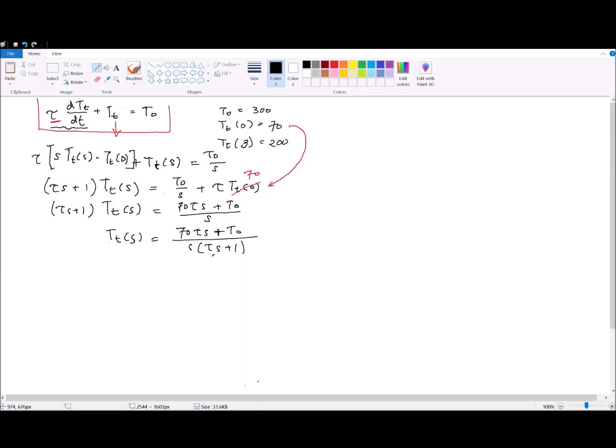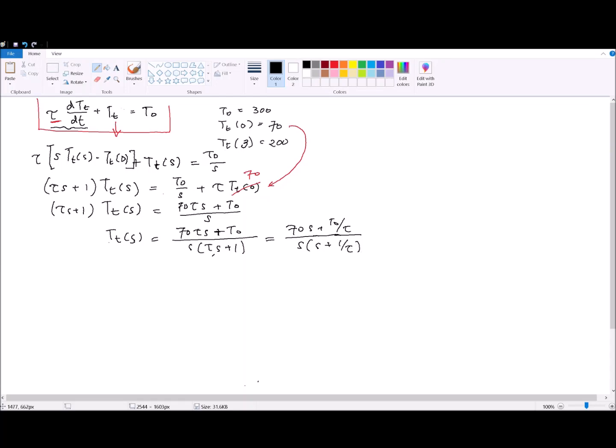And then to make my life simple, I will divide both the numerator and denominator by tau. So this will become 70 s plus T naught over tau, divided by s times s plus 1 over tau.